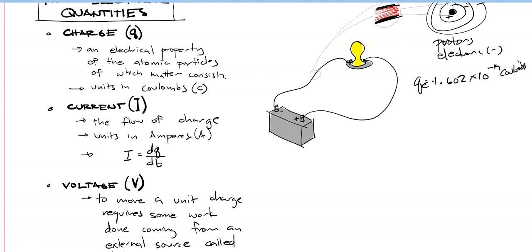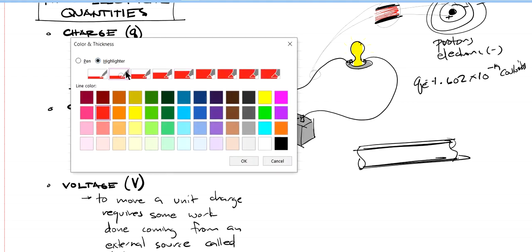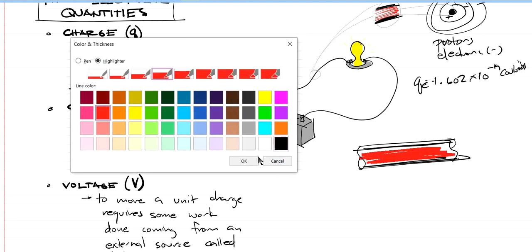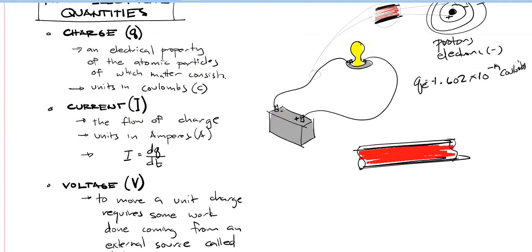So let's say here's our wire once again, and here's our copper wire inside. We have these electron charges, let's say negative charge right here.